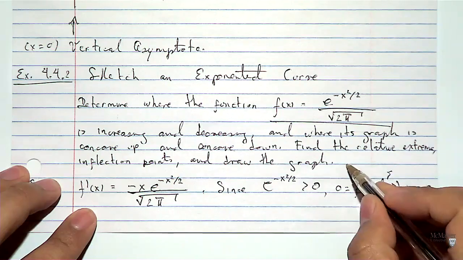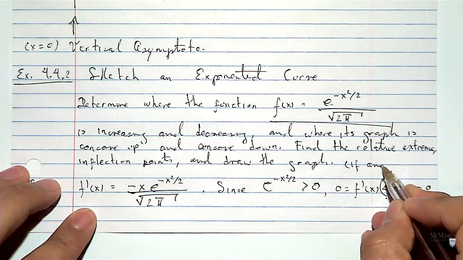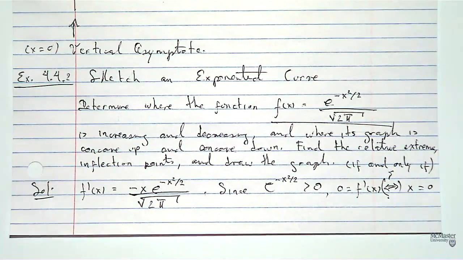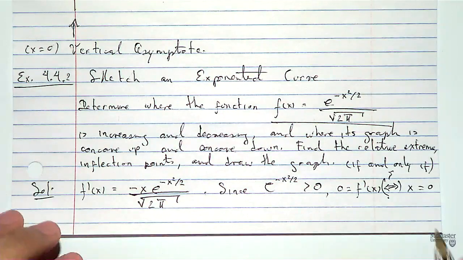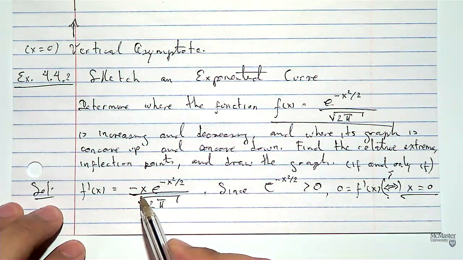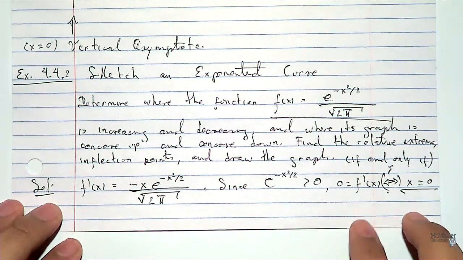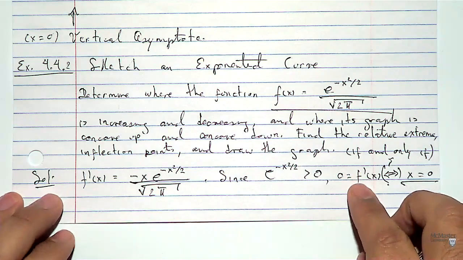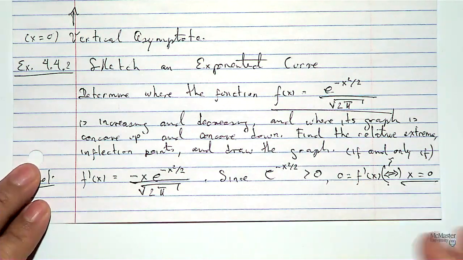So if you have not seen it, this means if and only if. Okay? So the only point where this can vanish, of course, is when x is equal to 0. So that is our only critical point and potential candidate for either a local maximum or minimum.